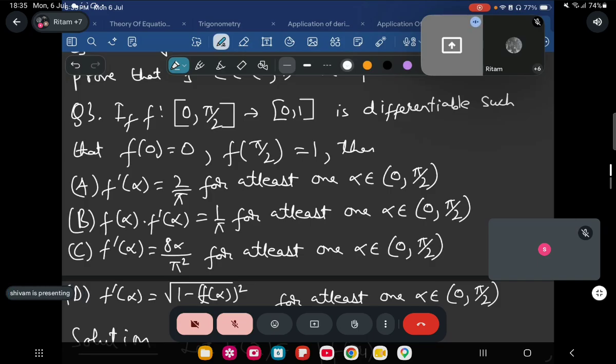I mean, Devank, check your answer again. Tell me, should I solve this one? Tell me, Sarthak, Devank. Sir, 1 minute. Raktim, your answer is correct. So see, again, you have to come to a point such that f dash alpha is equal to 2 by pi. Are you getting? Ritam, I have told you to send me the full solution, right? I need full solutions.